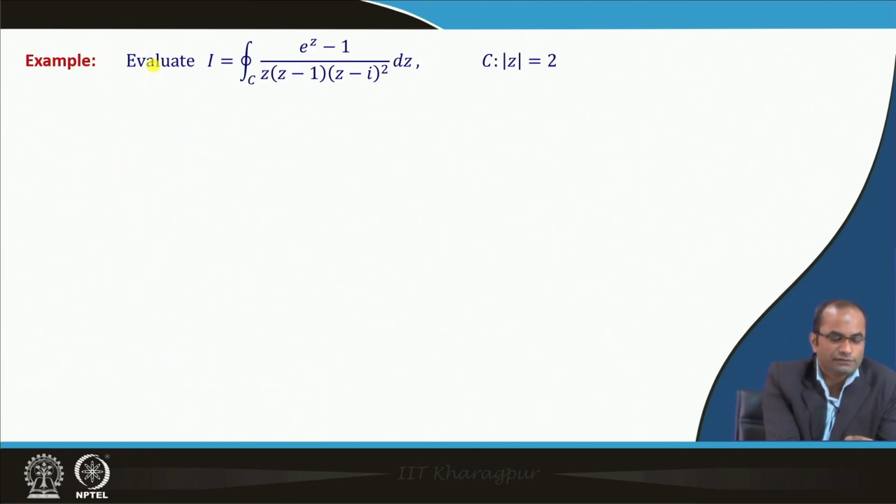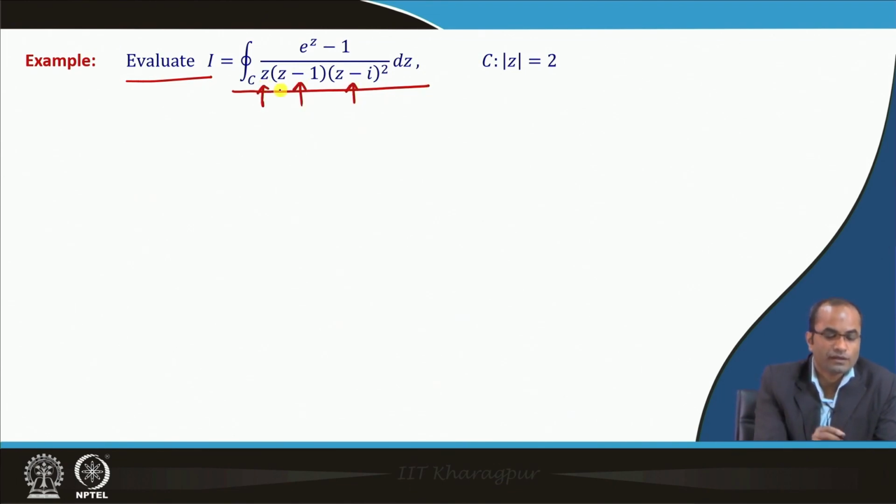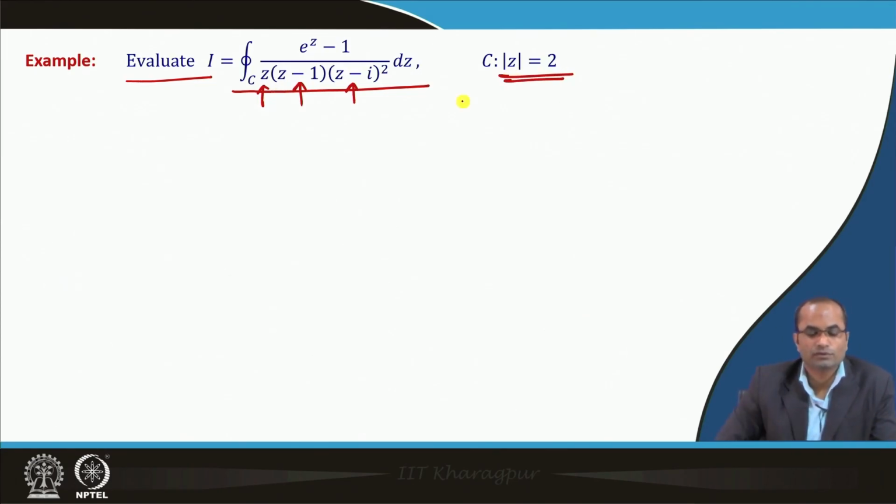So, for instance, we want to evaluate this integral of e power z minus 1 divided by z, z minus 1 and z minus i, where C is the absolute value of z equal to 2. So, the singular points are z equal to 0, 1 and i.